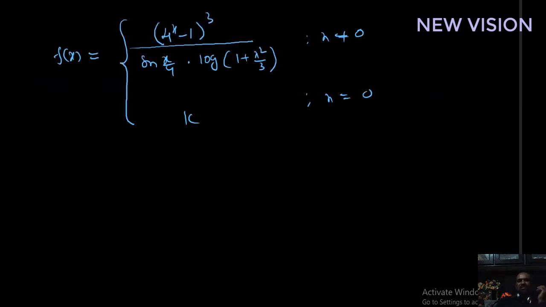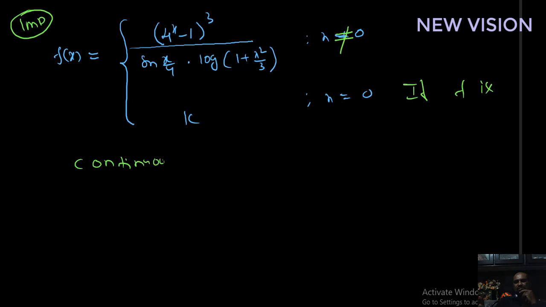Okay students, next interesting question, an important model. Here x is not equal to 0, this is the rule, and x equal to 0, this is the rule. If f is continuous at x equal to 0, find k.